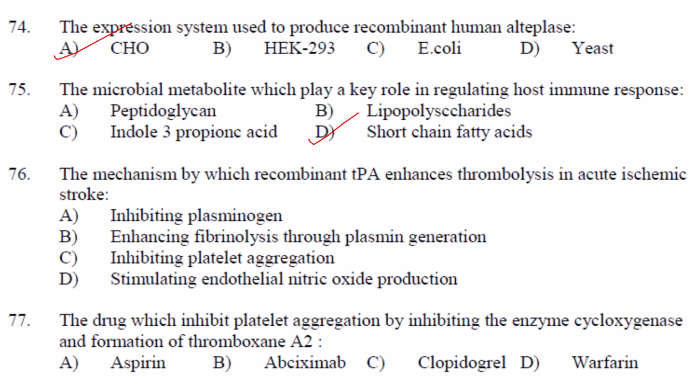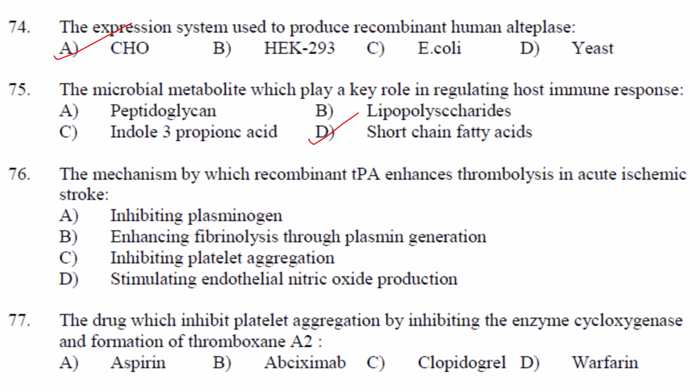short chain fatty acids. Now, the mechanism by which recombinant tPA, that is tissue plasminogen activator, that is your alteplase, enhances thrombolysis in acute ischemic stroke: it is not inhibiting plasminogen, it is activating plasminogen. So the first is not correct.